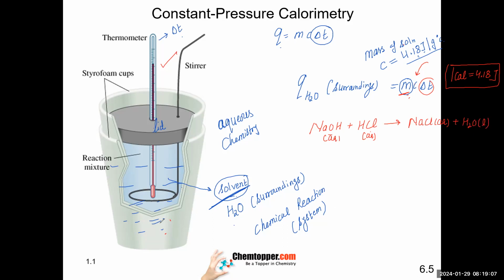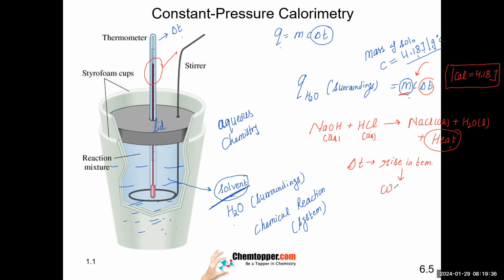And when the reaction starts, this reaction is exothermic, heat released. So who is going to gain the heat? Water, the immediate surroundings. And you can see a rise in temperature. Delta T will rise, will go up, right? What does this rise in temperature indicate?